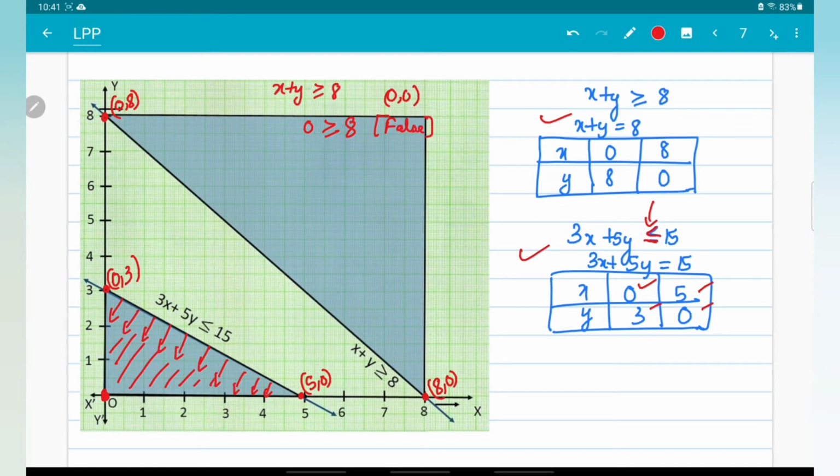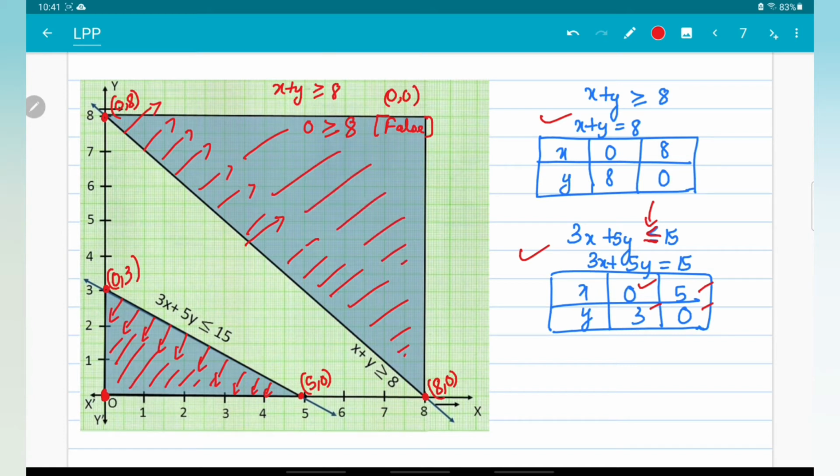So since it is not greater than 8 or equal to 8, instead of shading towards 0, we are going to shade it away from 0, that is away from this point 0 comma 0. So as you can see this blue color part, we have shaded it away from that point 0 comma 0.